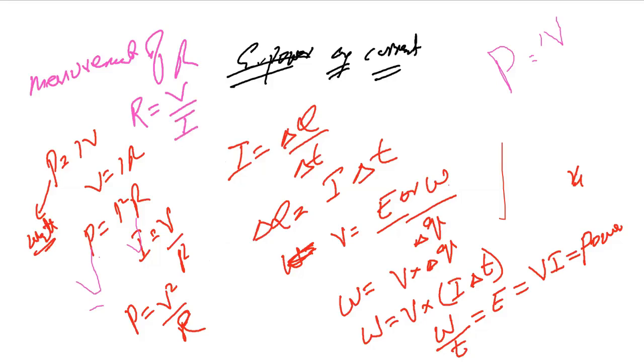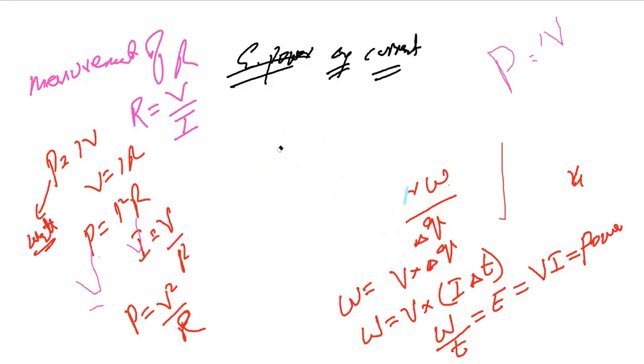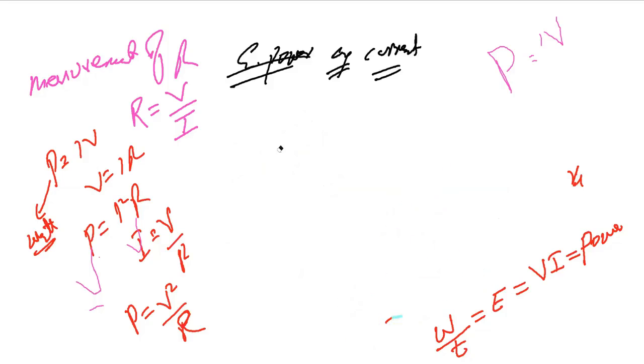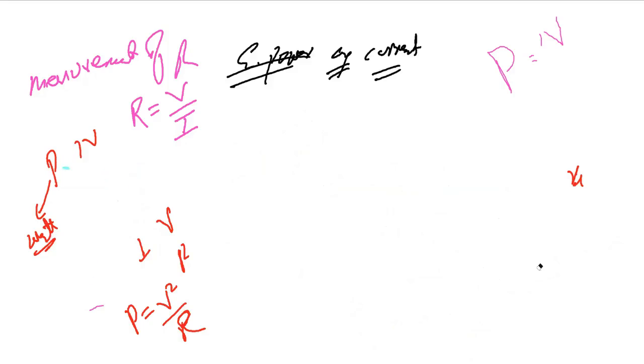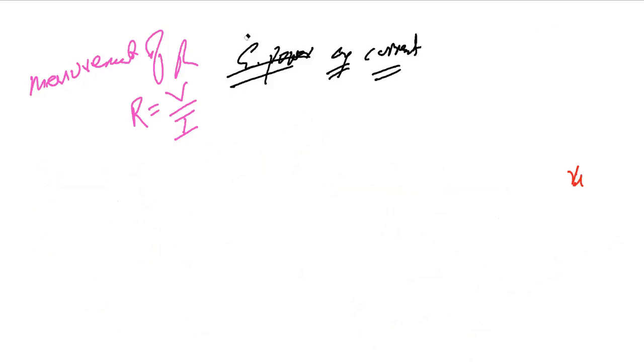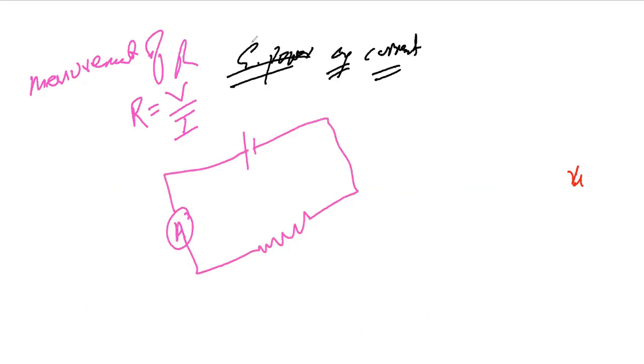You can measure the voltage using a voltmeter and the current using an ammeter. Did you study voltmeter and ammeter? You will connect the voltmeter in parallel. And what will be the resistance of that voltmeter? Zero, good.